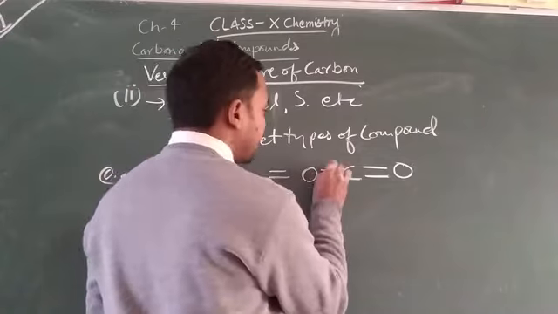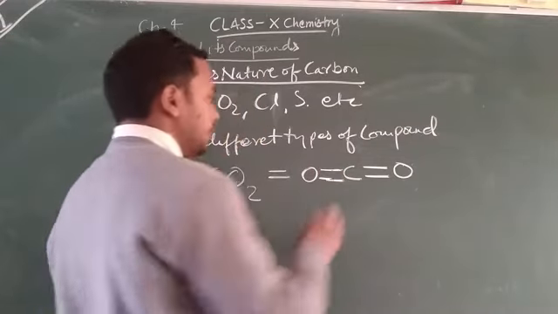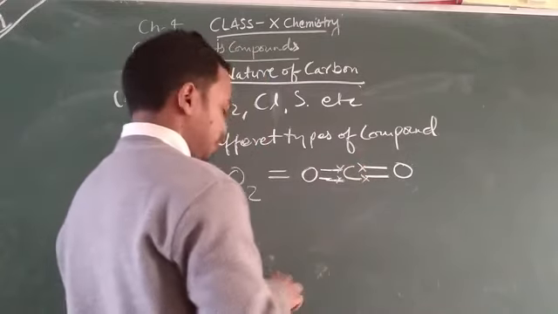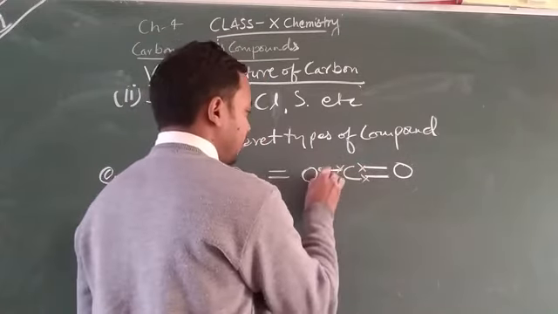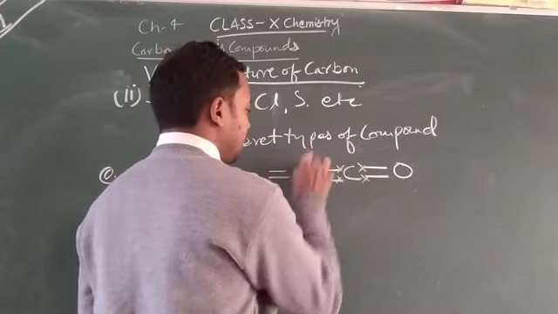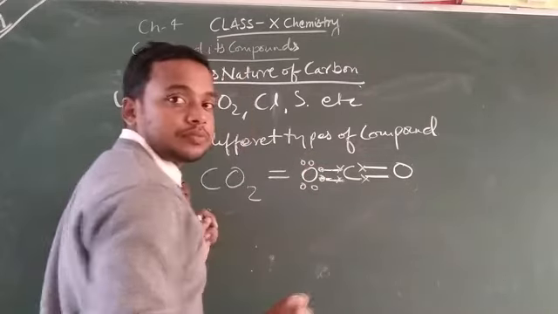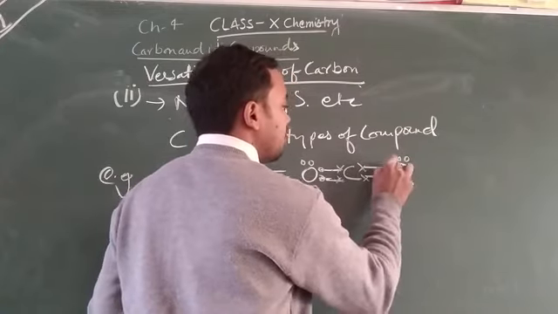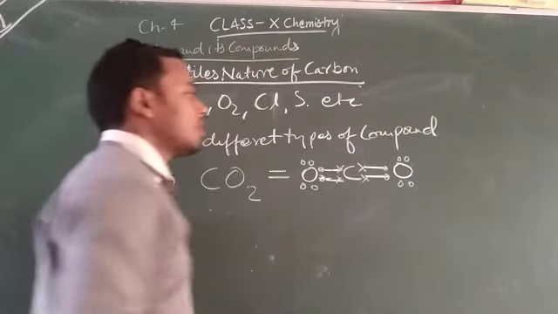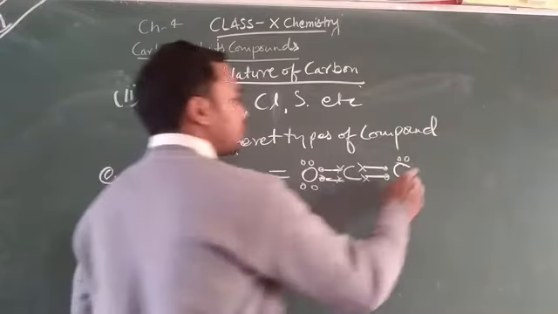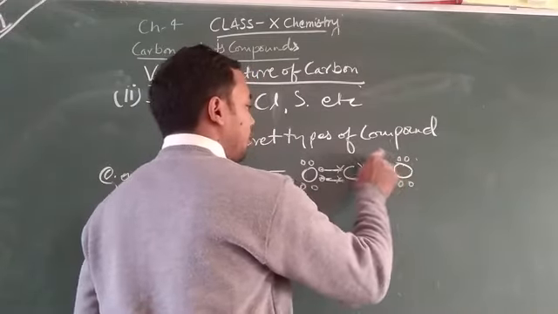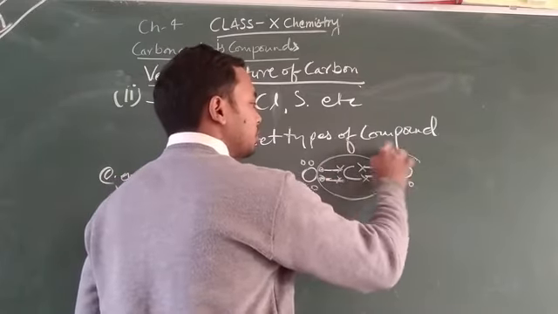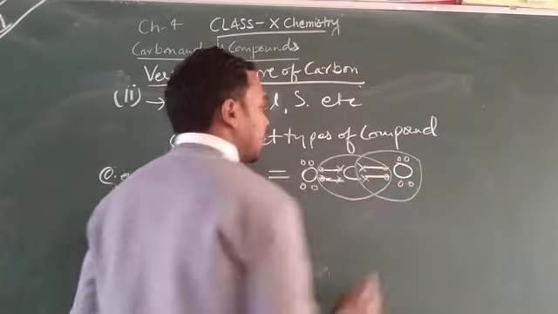Here are 4 electrons of carbon, and here are 6 electrons of oxygen, and 2 electrons participate in the bond formation. The octet of carbon is completed, and the octet of oxygen is also completed.